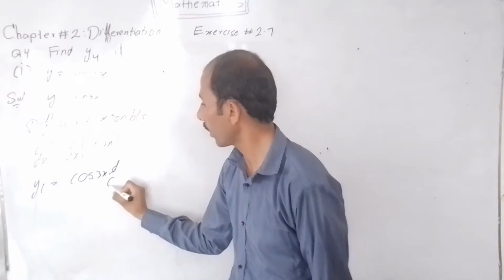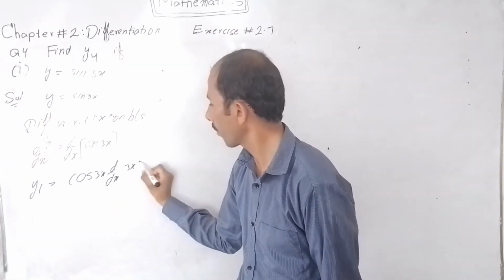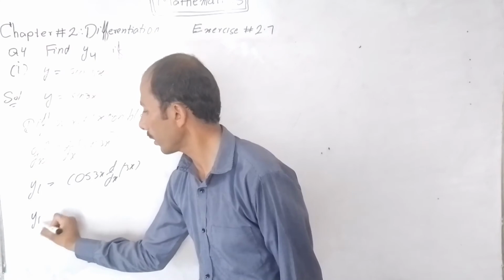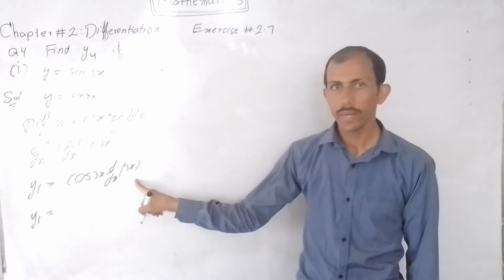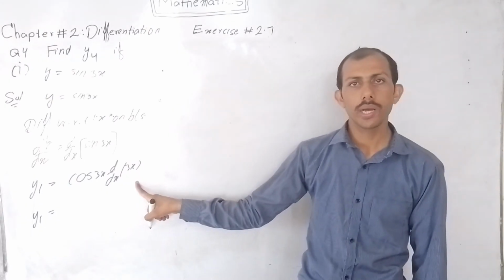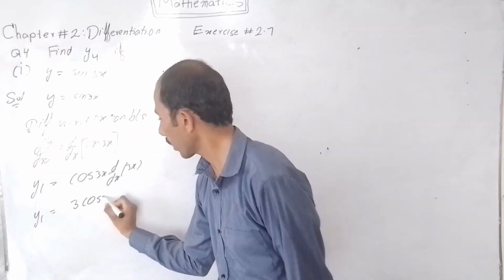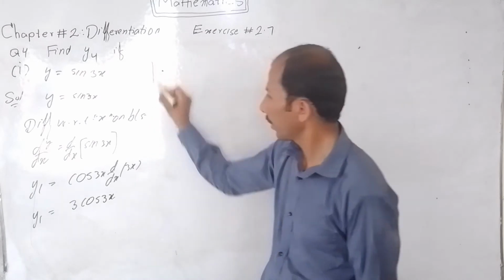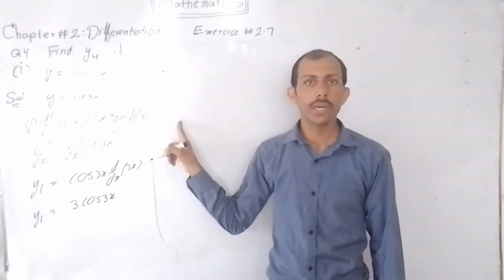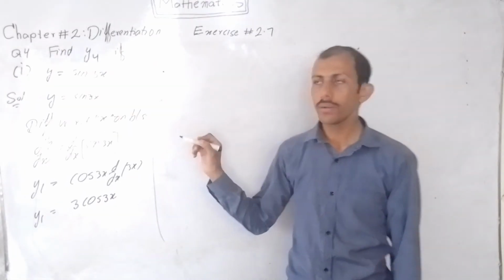Again, the derivative of 3x. So y1 is equal to the derivative of 3x with respect to x, which is 3, so y1 is 3 cos 3x. Again differentiate with respect to x on both sides.